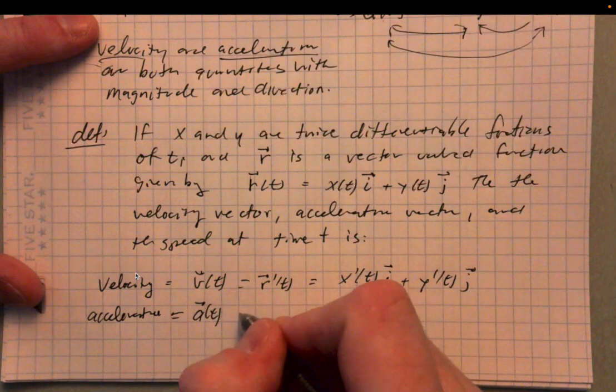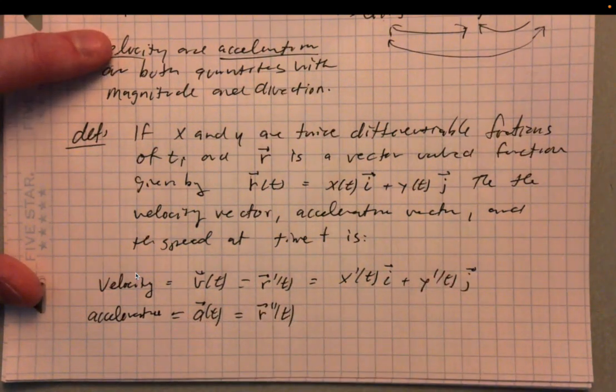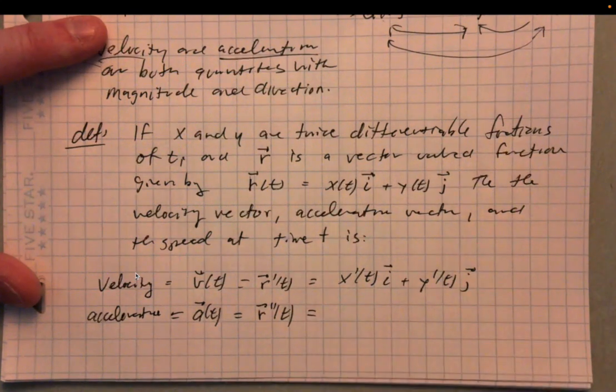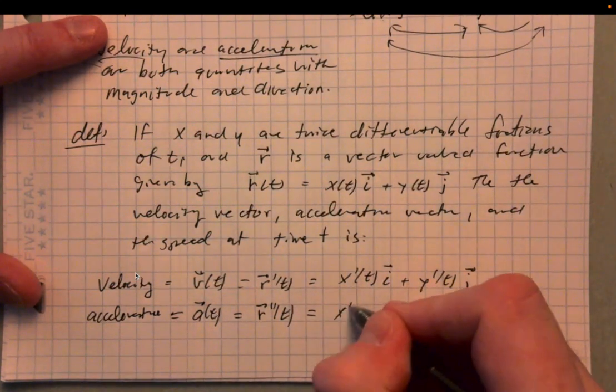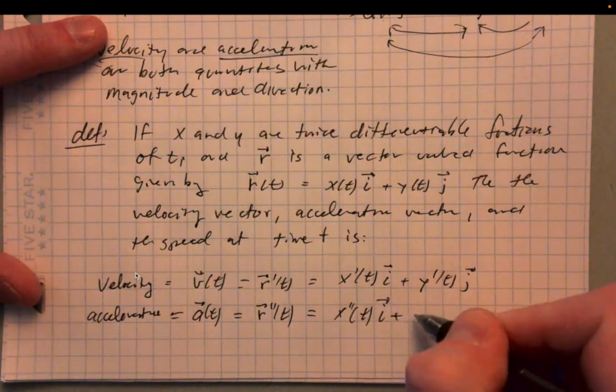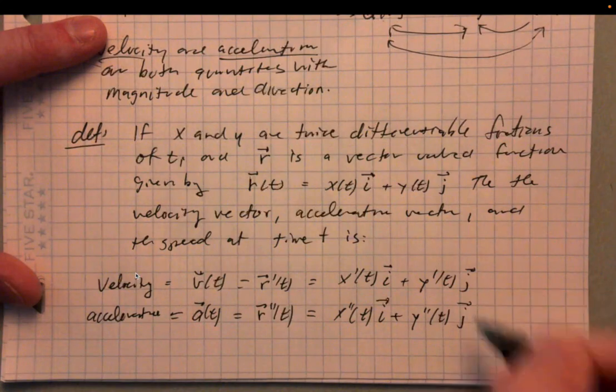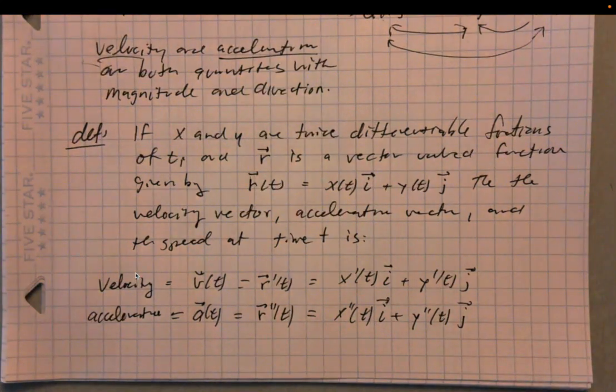That's going to be the second derivative of position, and so accordingly it'll be the second derivative of the x component and the second derivative of the y component, the j component. And so there's your velocity vector and your acceleration vector as derived from position.